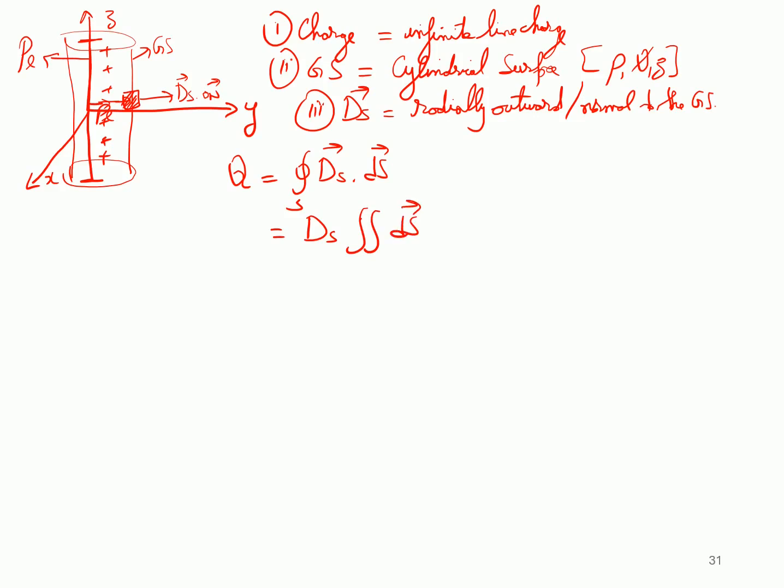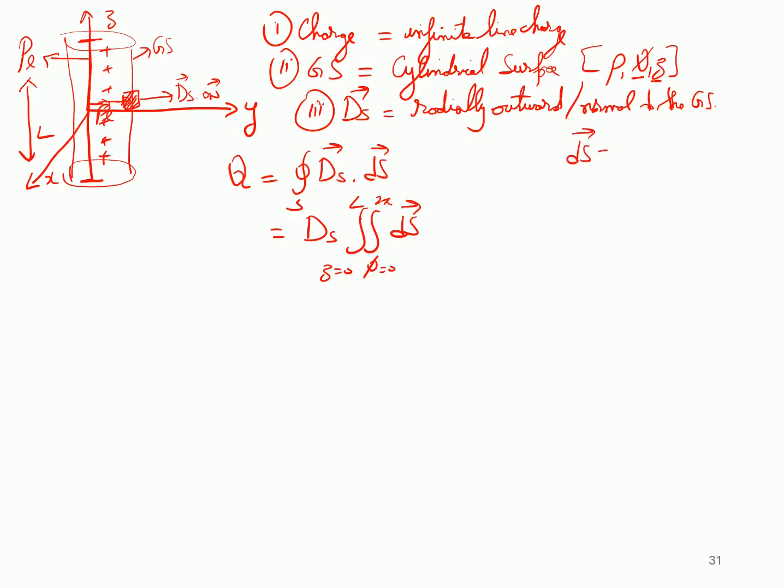Since this is radially outward, our integral will cover only the phi and z axes. So this is our phi ranging from 0 to 2 pi, and this is our z, which is from 0 to L, not from minus infinity to infinity, because we have given it a certain length of L. So now we need to find the value of dS.